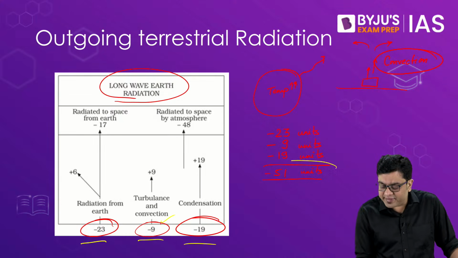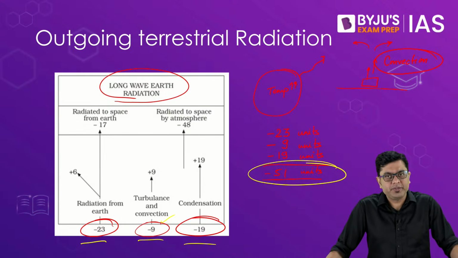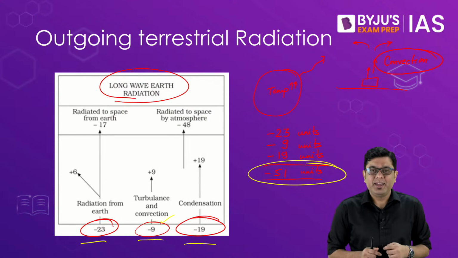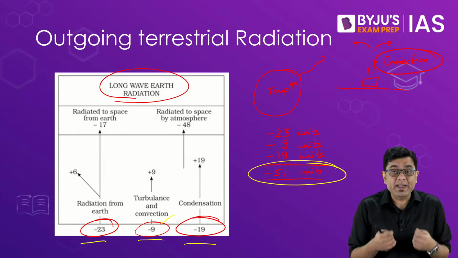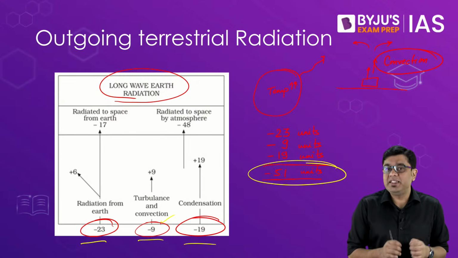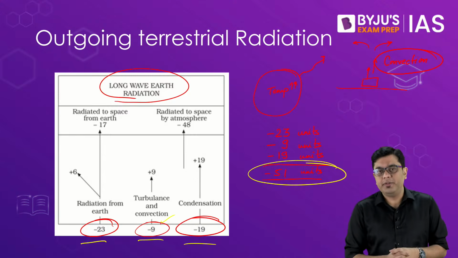So overall, you can see that 51 units are also lost from the surface. What that means is that there is an energy balance which is maintained, and that energy balance is very important to maintain the temperature on the surface.